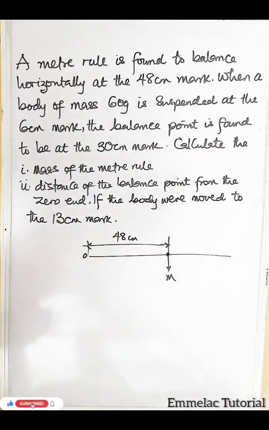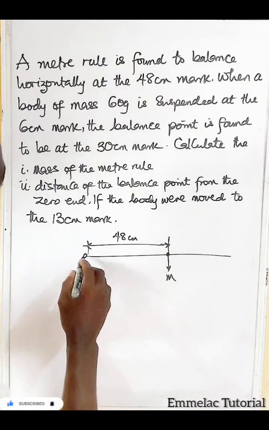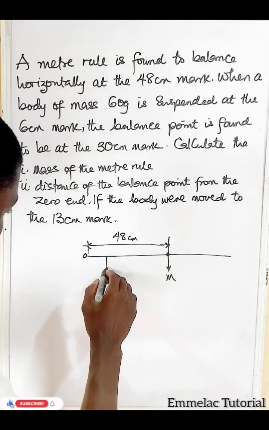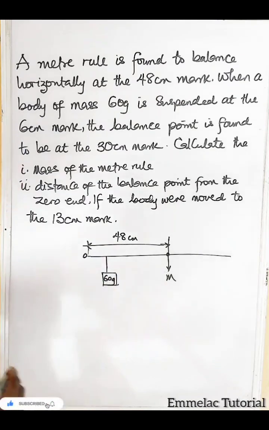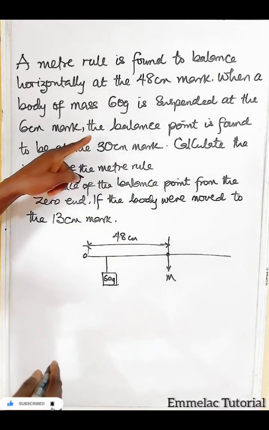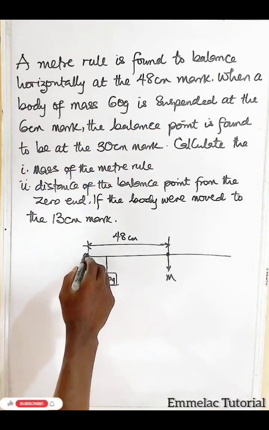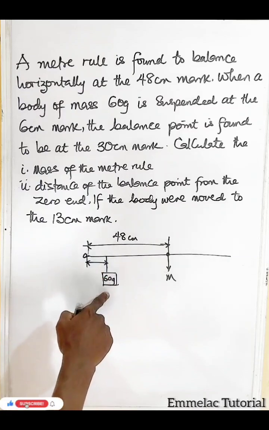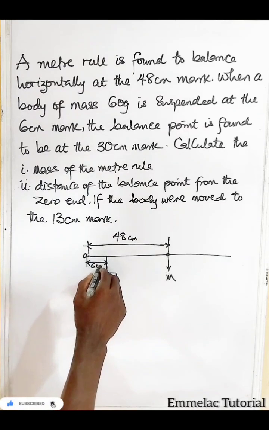of the meter rule. And also we are told that a body of mass 60 gram is suspended at 6 centimeter, which means from this 0 point to the point at which the body is hung is 6 centimeter.